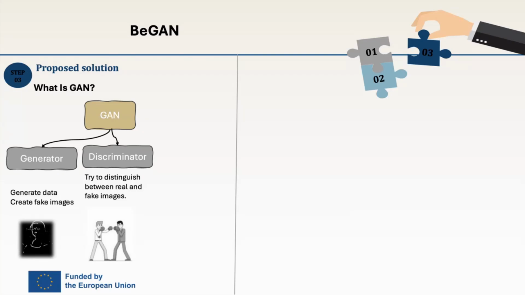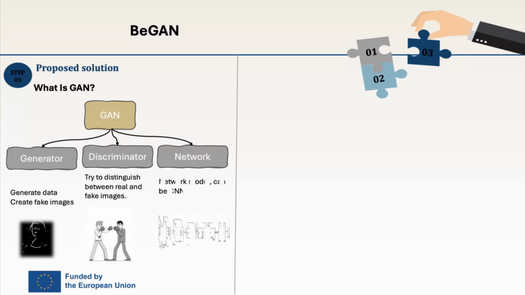It is responsible for distinguishing the images generated by the generator: are these images real or fake? Both the generator and the discriminator are based on networks, trained so that the generator generates much better images, and the discriminator becomes much better at distinguishing between the images.